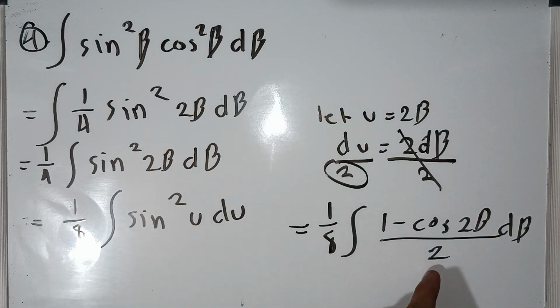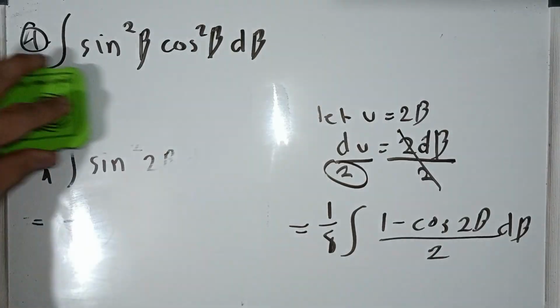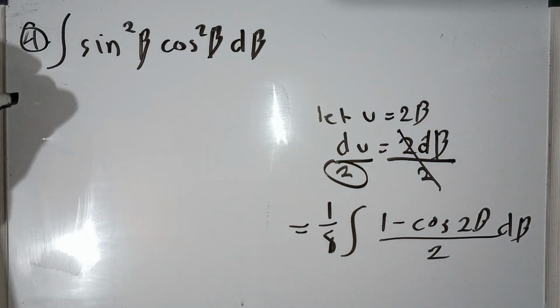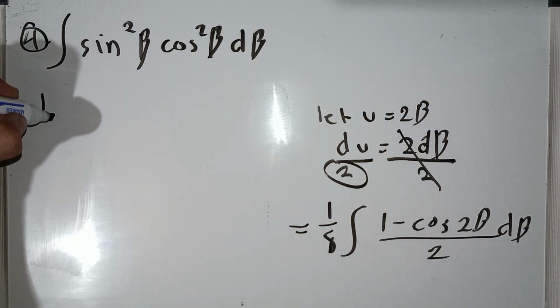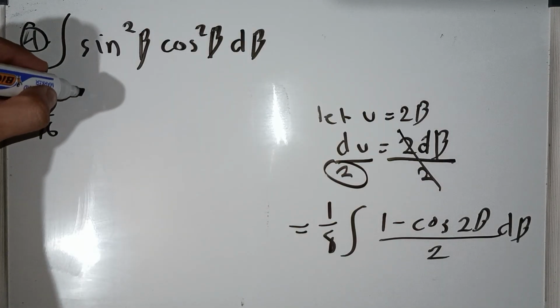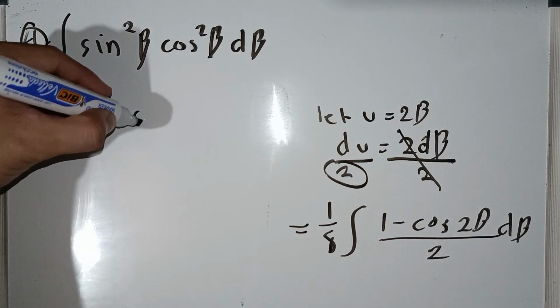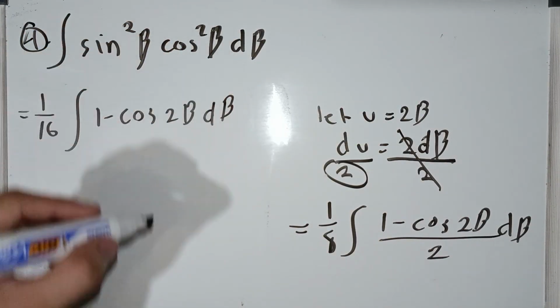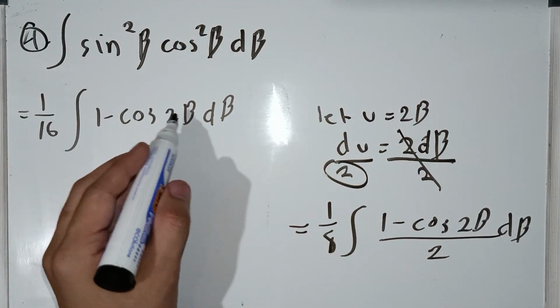Since 1/2 is a constant, let's multiply it here, so that is equal to 1 over 16 integral of 1 minus cosine 2 beta d beta. So we can now break this down.